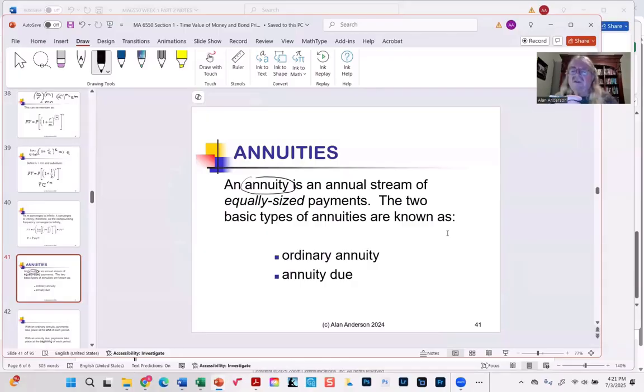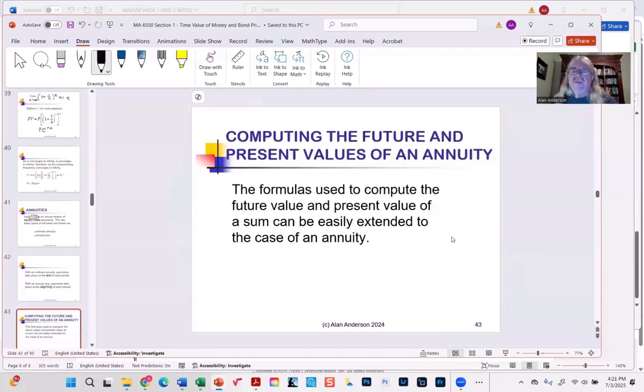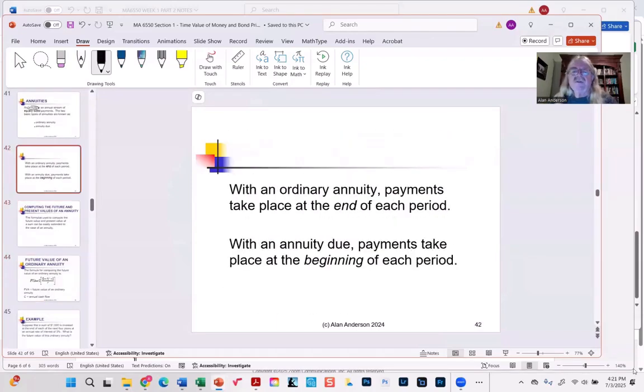So first things first, there are two basic types of annuities that we may encounter, the ordinary annuity and the annuity due. What's the difference between the two? The difference is the starting point. So for example, what if I won a lottery where I'm being offered 3 cash prizes of $1 million a year, let's say.